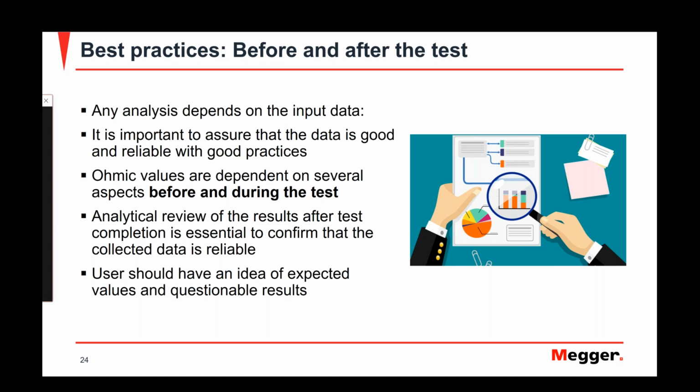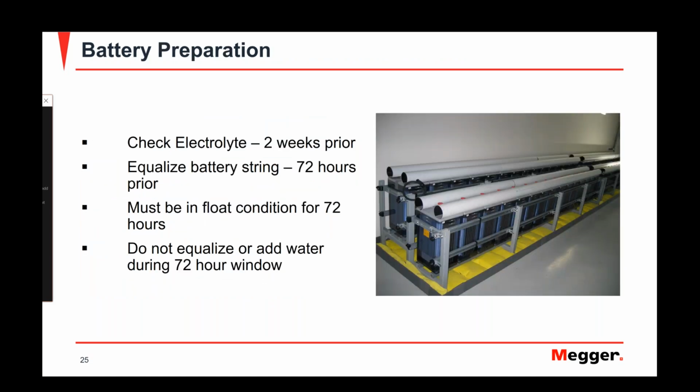You also need to have an idea of what you're looking for whenever you take these measurements. That way, if you have any questionable test results, you have the opportunity to take a look at that and investigate it before you leave the site or move on with other maintenance activities. It'll give us an idea of the type of maintenance needs that we have for our battery string. So it's essential that we follow these practices so that we can provide quality data that we can rely on over the life of the batteries.